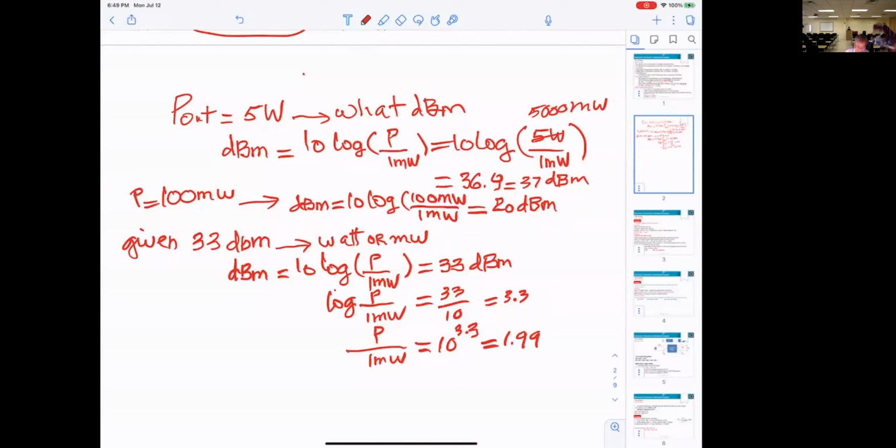So that will be telling you P equal 1 milliwatt times 1.99. Do you get the same answer with me? Yes, 2. Okay, that's perfect.